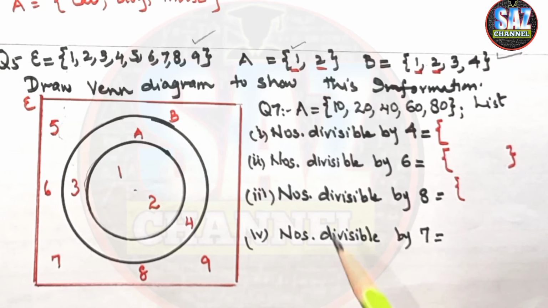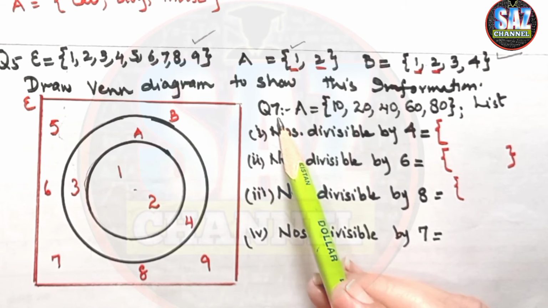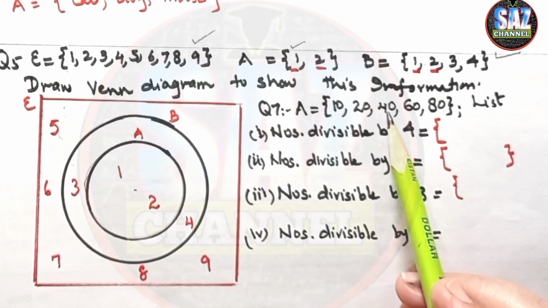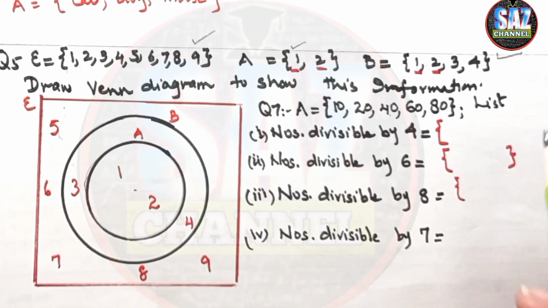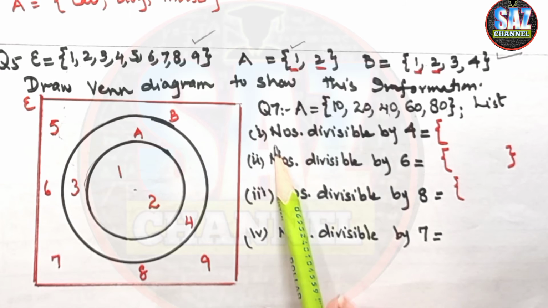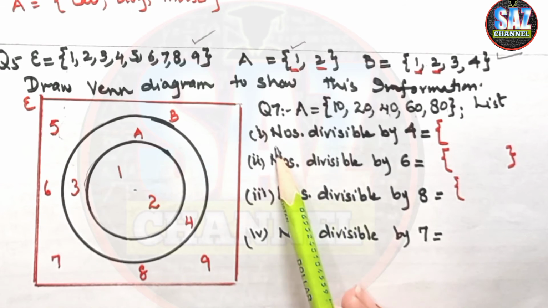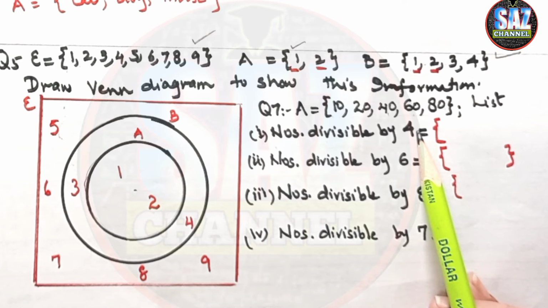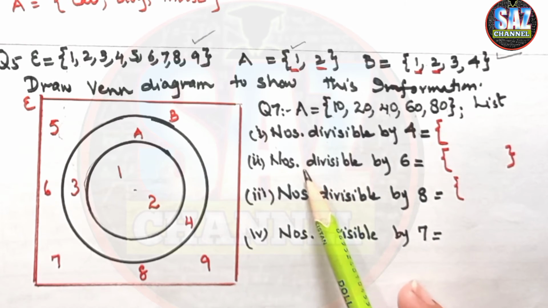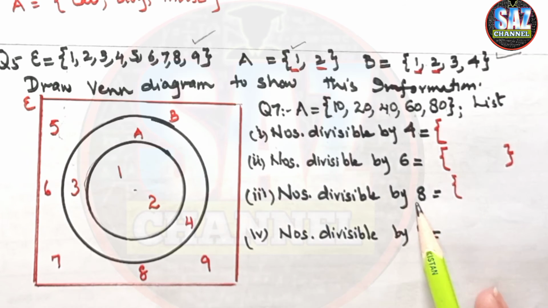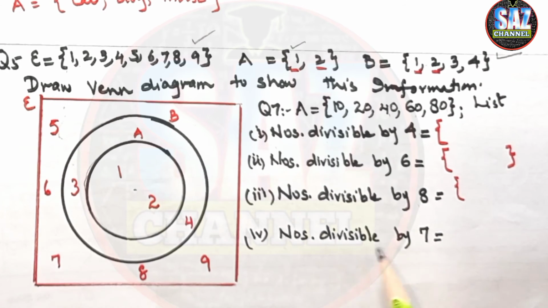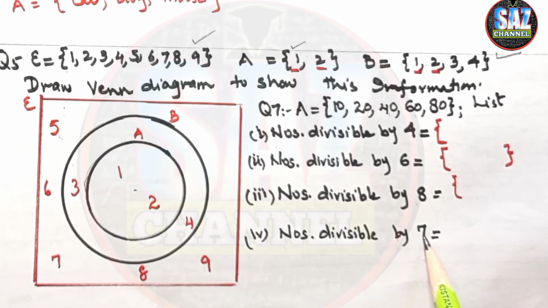And question 7 says that set A consists of 10, 20, 40, 60 and 80, and we have to list the elements of the following subsets of A. The first situation is that we have to write down the numbers which are divisible by 4, and at the second place we have to write down the numbers which are divisible by 6, and the third requirement is the numbers divisible by 8, and then we have to pick up the numbers which are divisible by 7.